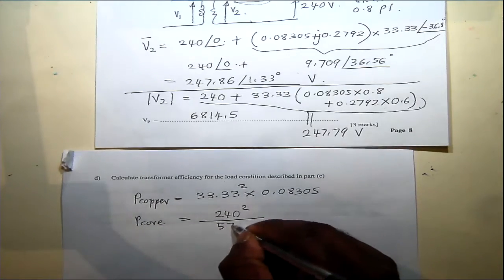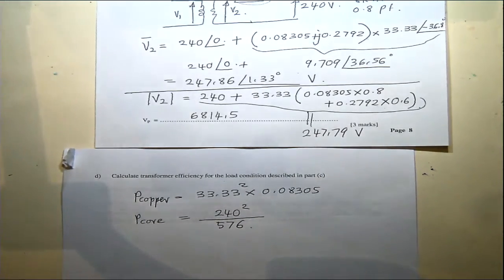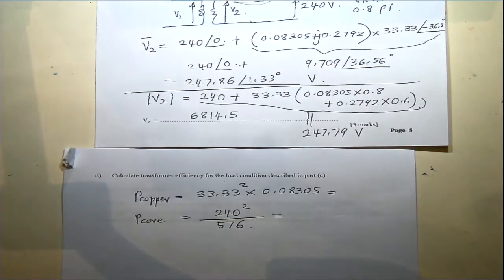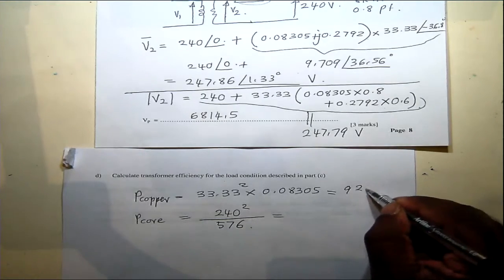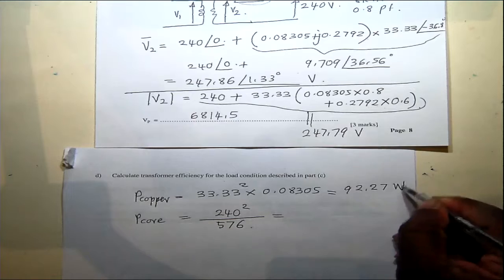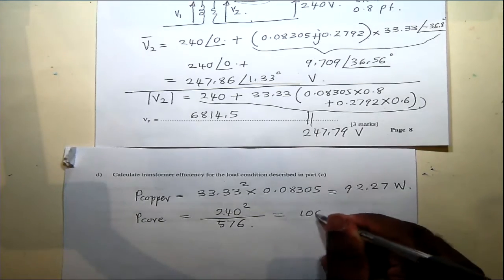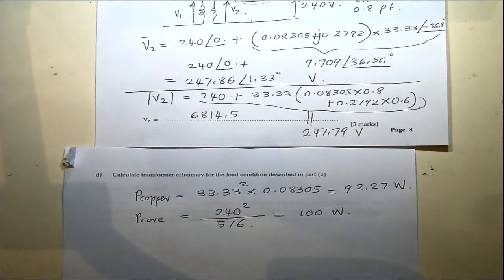So 240 squared over 576, that's the core losses, which turns out to be the original no load power loss value anyway.